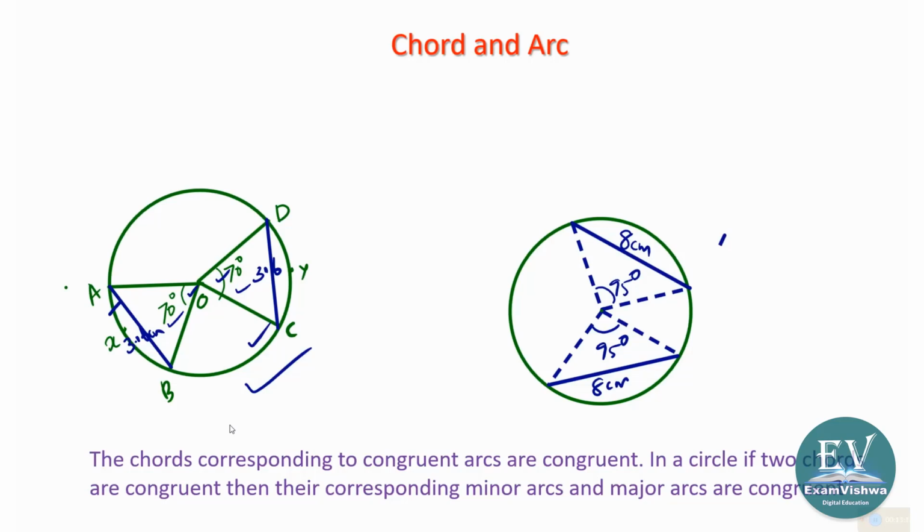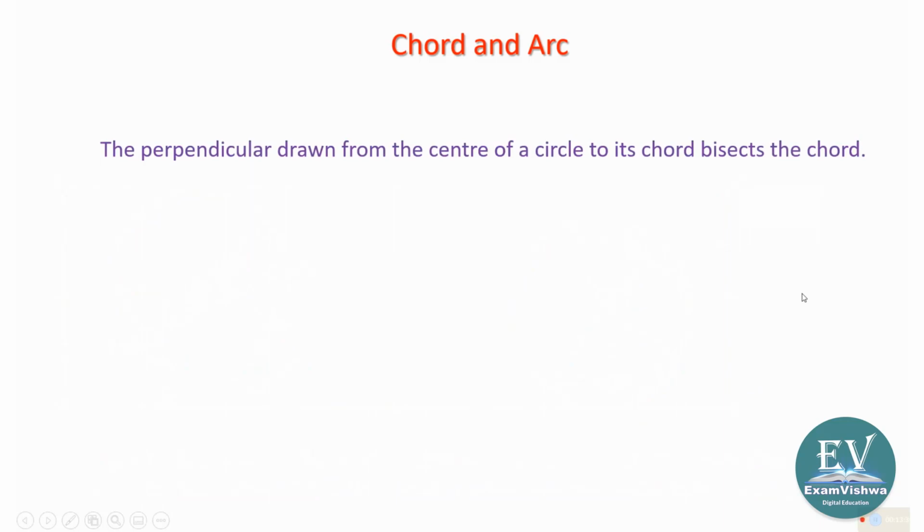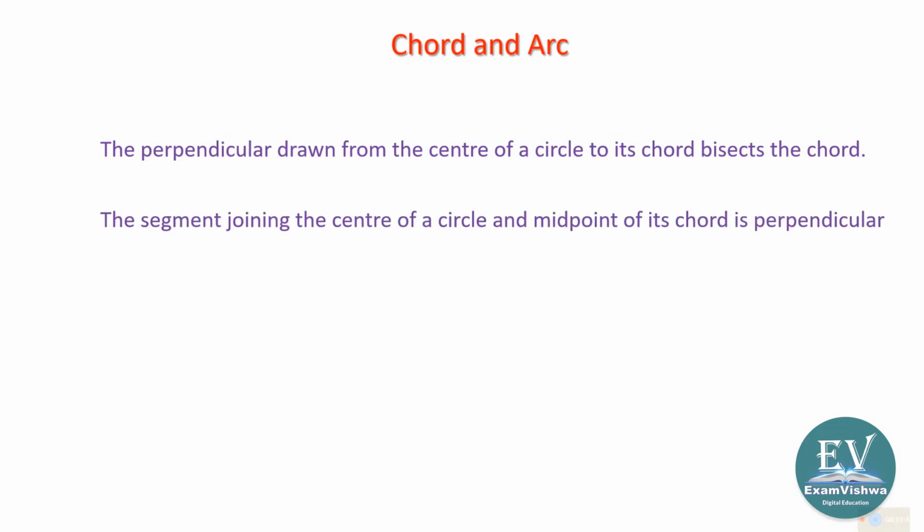So these two, three things you should keep in mind. What are these two, three things? Let me take you to the next screen, which will help you to remember. The perpendicular drawn from the center of a circle to its chord bisects the chord. The segment joining the center of a circle and midpoint of the chord is perpendicular to the chord.